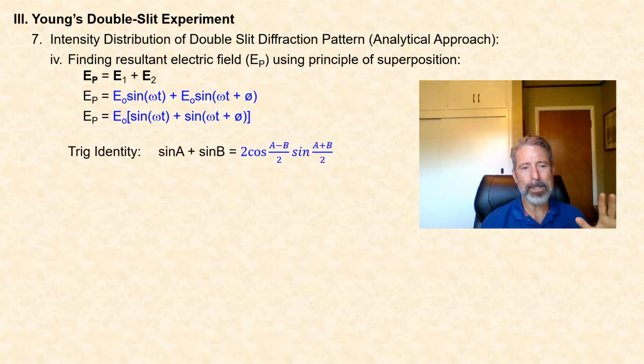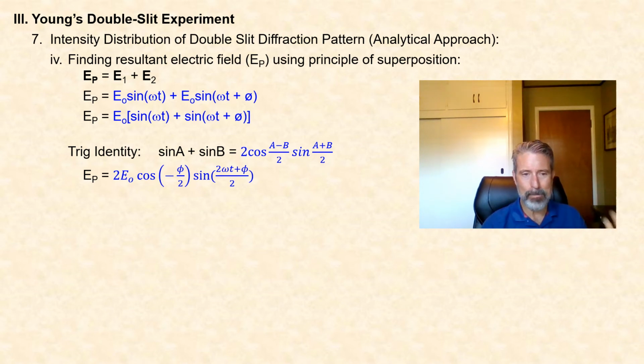We can use a trig identity here, one we've seen before, to simplify this expression when we add these two sine functions with different arguments. This is a trig identity that we used when we talked about the interference pattern for traveling wave interference many weeks ago.